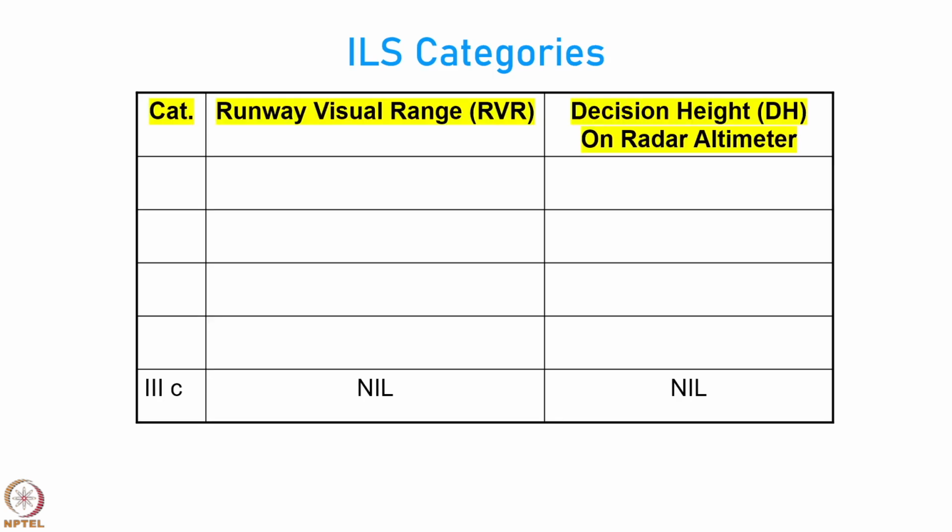And finally, we have category 3C, where there is no requirement for RVR or for decision height. That means it can even be a blind landing. The aircraft can be brought to the airport with the pilot not seeing anything till the aircraft touches down.